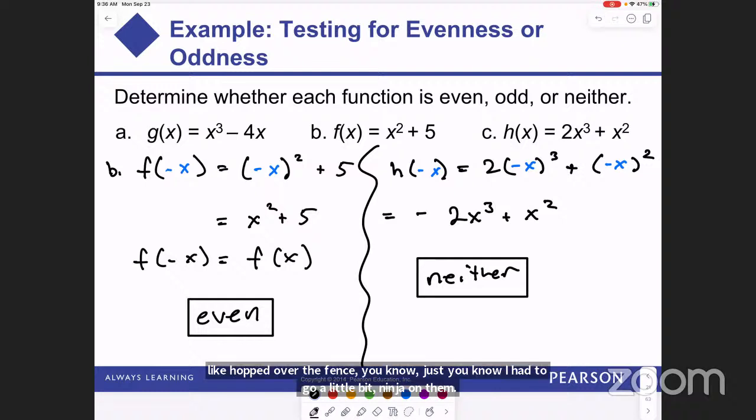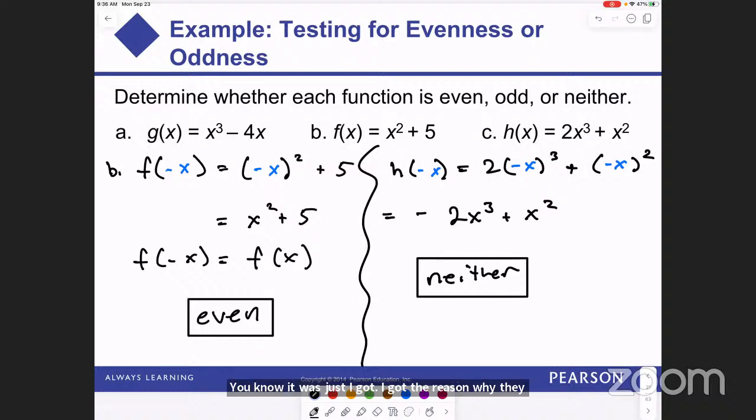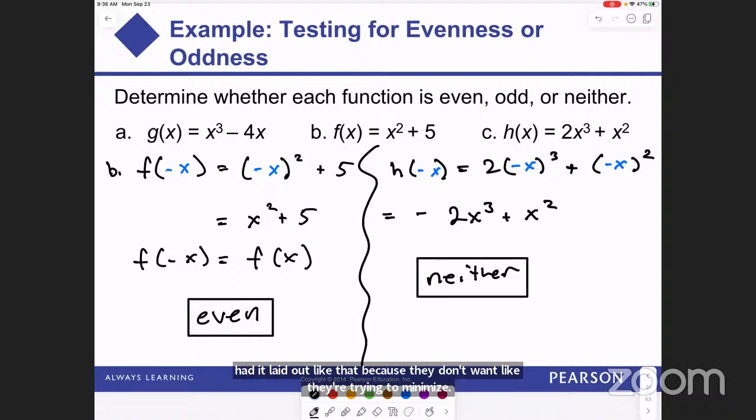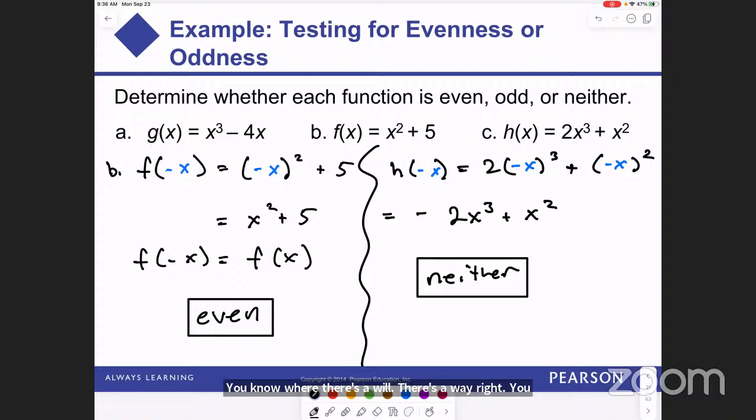But yeah, I got there. The reason why they had it laid out like that is they're trying to minimize people walking by to just get into the building. But where there's a will, there's a way, right? I'm not about to walk around this thing. It was going to be a long walk to get to the entrance. I was literally looking right at the door, but they were trying to direct traffic way around.